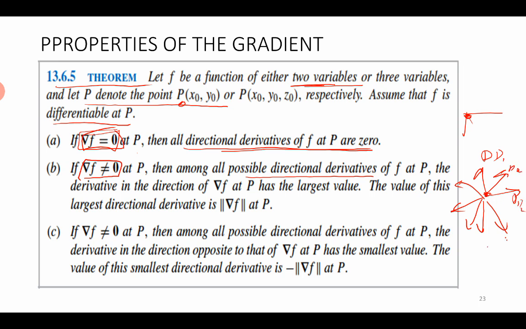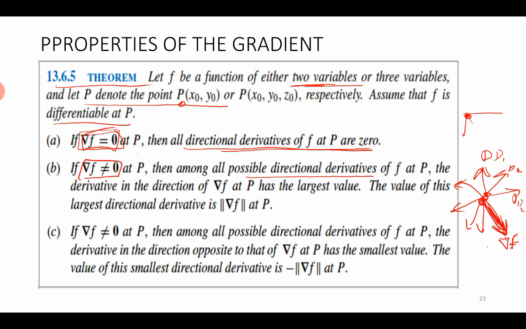For every direction we can write a unit vector and use it along with the function in the formula. But among all the directional derivatives, the one in the direction of the gradient, if this is your gradient, you find a unit vector in this direction and then find the directional derivative. This directional derivative will be the maximum.